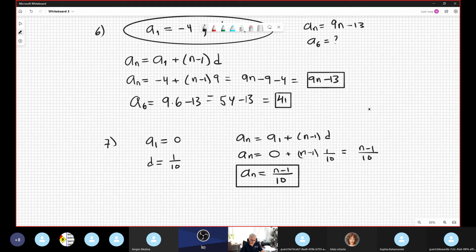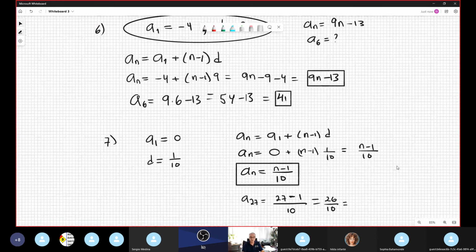If you want to find the term in position 27, as the problem says, plugging in n equals 27 is 27 minus 1 divided by 10, is 26 divided by 10, and you never leave it like that.